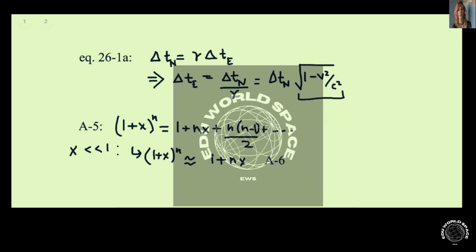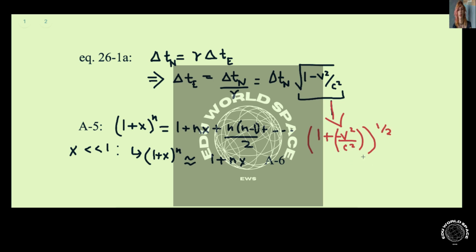So what we have, therefore, is, let's use a different color, 1 minus v squared over c squared. Let's write it like this: 1 plus minus v squared over c squared, and all of that is inside of a square root, which means it's raised to the power of half.